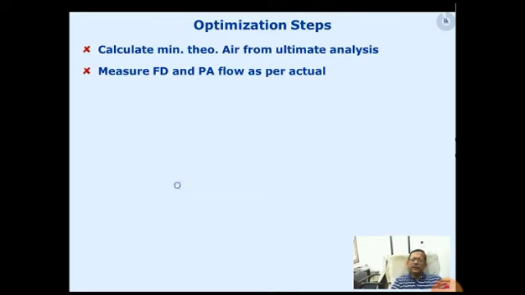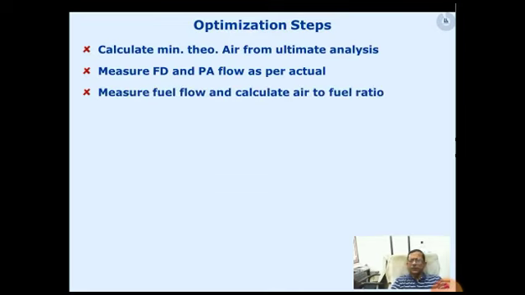Then you calculate the fuel flow, and finally you get the air to fuel ratio. This, you remember, is the actual air which we measure, air to fuel ratio, the total air. Now if you know the total air and the minimum theoretical air, you can also calculate the actual excess air that is going there.